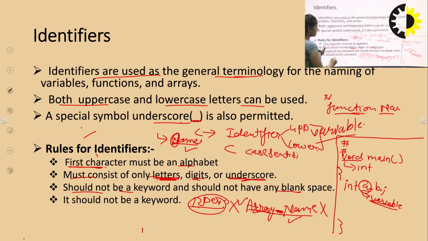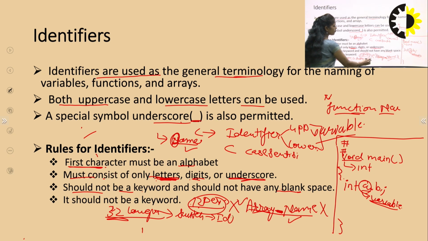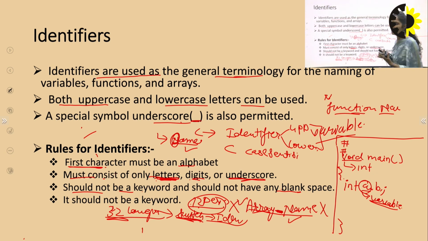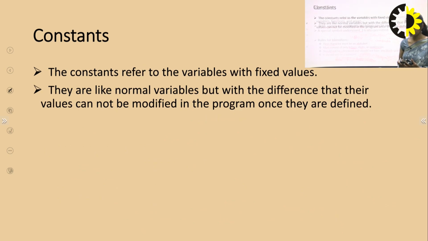For example, we have 32 keywords in the C language, and if I use any of them, like switch, as an identifier, we cannot do this because switch is a keyword. So basically what I am saying here is that identifiers are apart from the keywords. So this is the concept of the identifier in the C language, right? Next we will come to the constant.